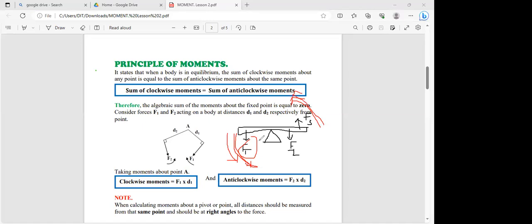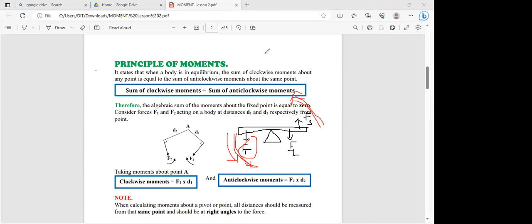So it means that the moment, if I multiply F1 times its distance from the pivot or from this turning point, it is going to give me an anti-clockwise moment.